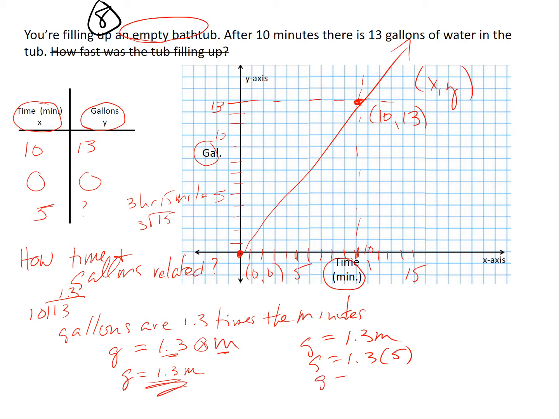If we do the multiplication, 5 times 1.3, that's 6.5. So that means after 5 minutes, there's going to be 6.5 gallons of water in this tub. This is all I was asking you to do, so we're done here. I got the t-table, I got the graph, and I wrote the equation. That's all we're after. Done.